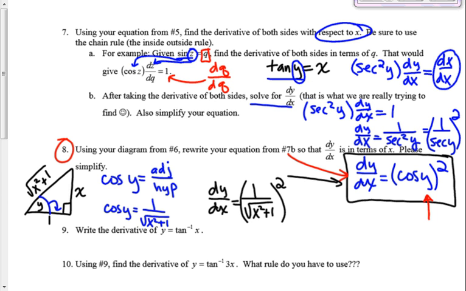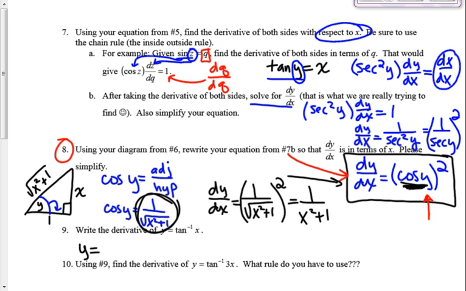And all I did was I replaced the cosine y that I had over here with the information I had from the right triangle that I started with. And when I simplify that out, I get 1 over x squared plus 1. Now, that is something you probably want to memorize. And I wrote over my number 9, so I'm going to rewrite it.